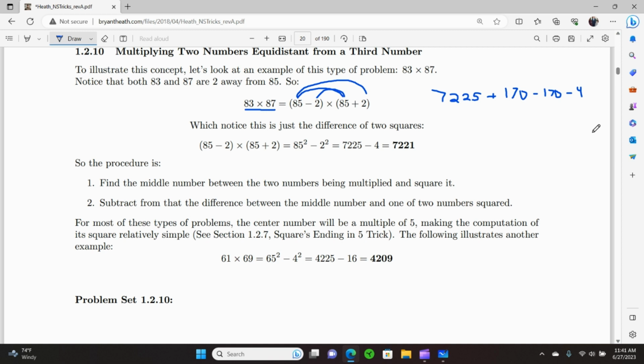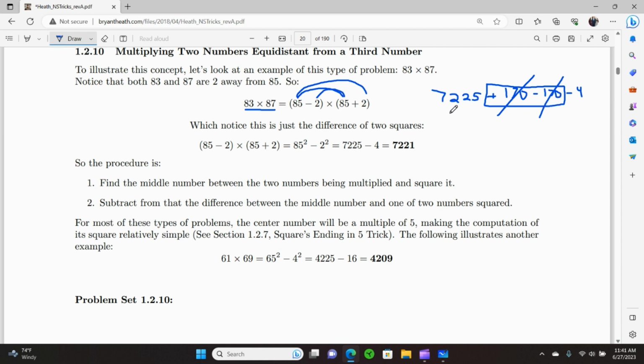So what's so special about this trick? How does it work? What's special is what's happening right here. If you multiply two numbers equidistant from a third number, my third number being 85, you can FOIL this problem in such a way where cancellation happens. The positive 170 cancels out the negative 170.